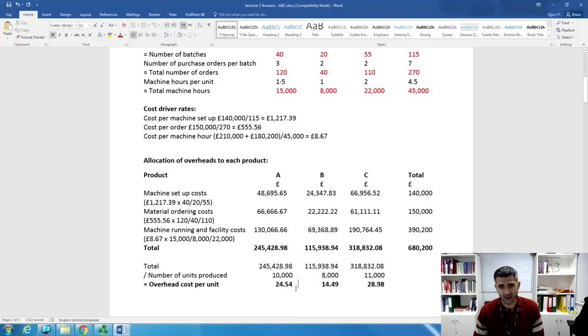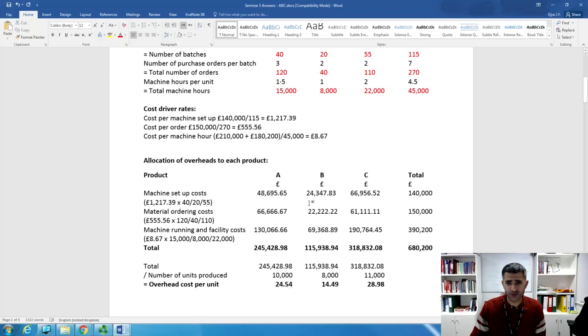If you divide it, you should find 24.54, 24 pounds 0.54 pence. It's not the full cost actually, it's the overhead cost per unit.